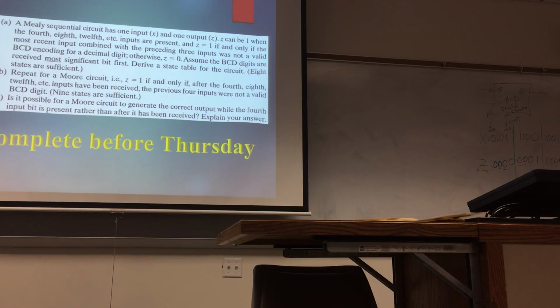All right. Now, I'm not going to do this problem for you, but I'll give you a couple hints. What do the states need to keep track of here? Let me do it this way. We only get to see 1 bit at a time, right?